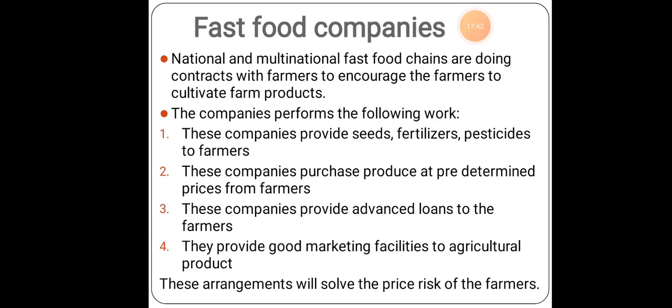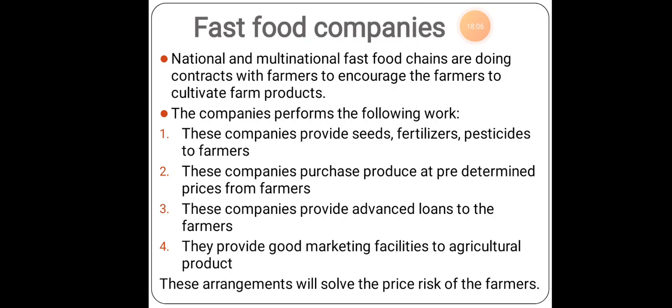And another thing, the potato might take a yielding process of maybe 4 to 5 months. After that, the land will be barren, it will be empty. So even there you can put other vegetables, or you can do all the other necessary things. The next thing, they provide good marketing facility for the agricultural product.